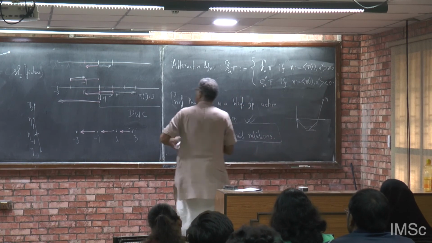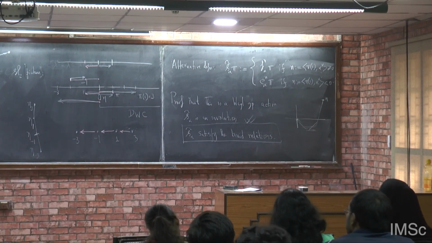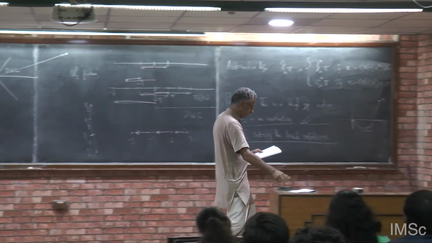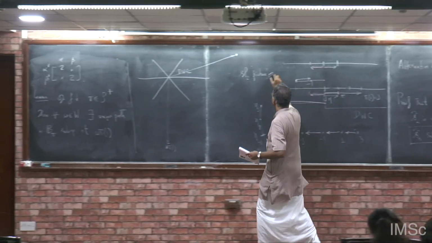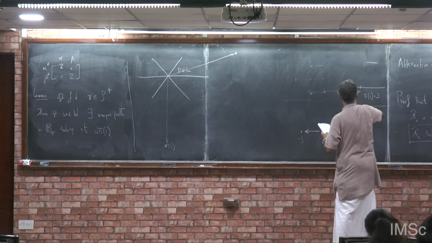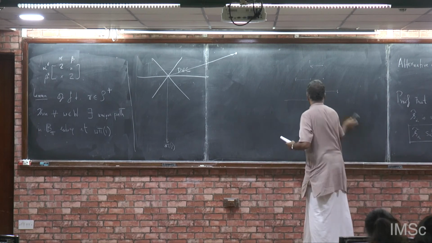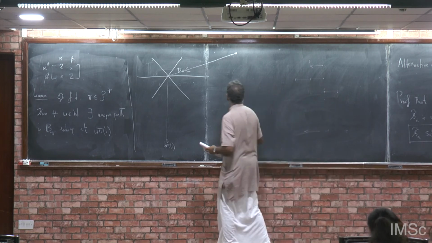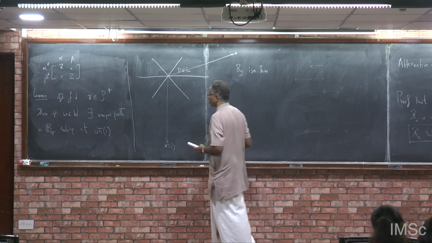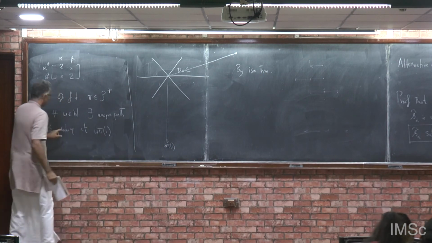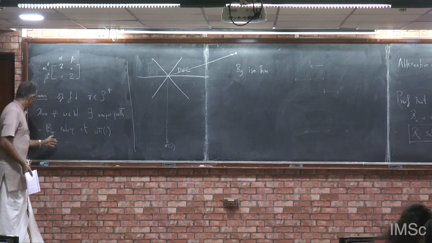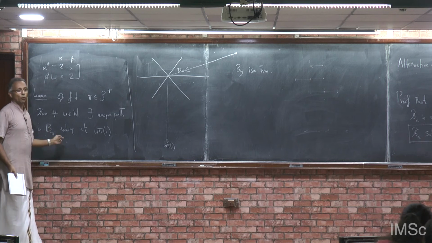So, what is the proof of this? Let me just write it. By the isomorphism theorem, whether I have B pi or B of ls pi, ls of pi 1, it is the same.